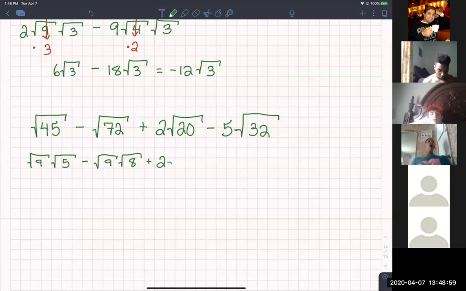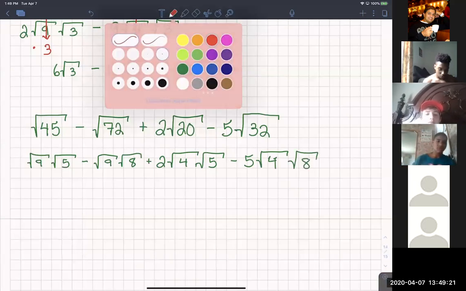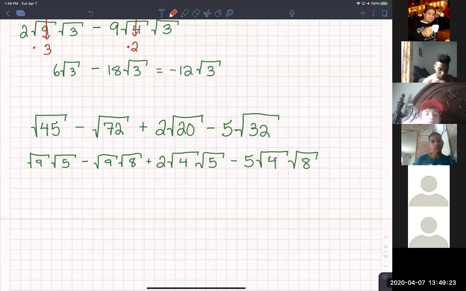Not 10 and 2, neither of those are perfect squares. 5 and 4, and 4 is a perfect square. So 2 root 5. What about 32? 8 and 4. Okay. So what comes out from underneath these radicals? The numbers are 9 and 4.